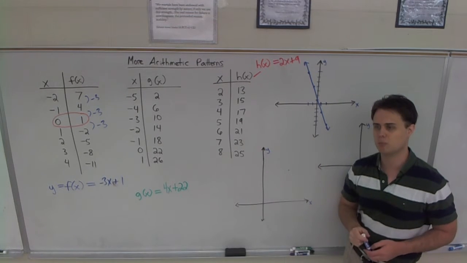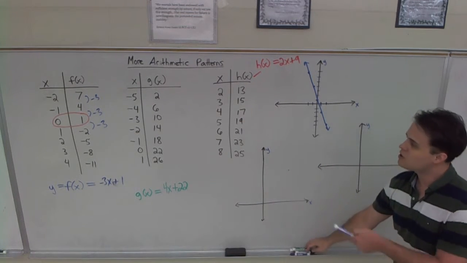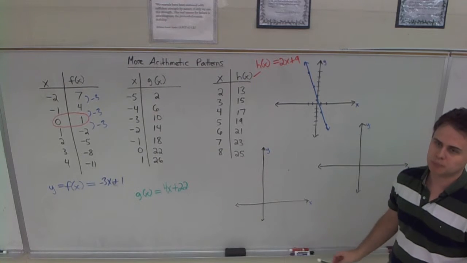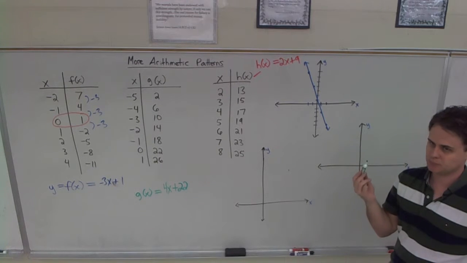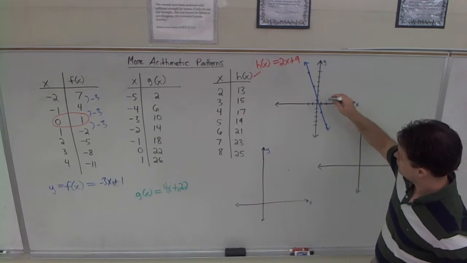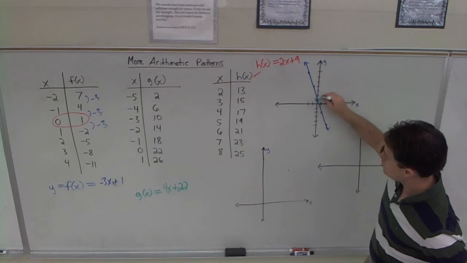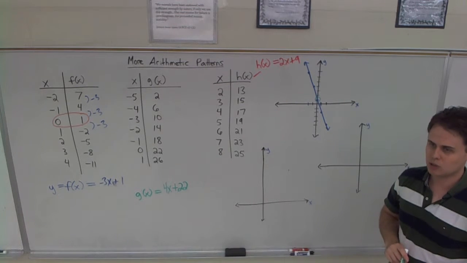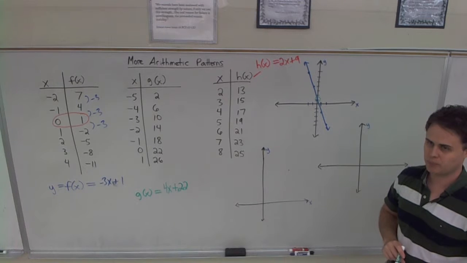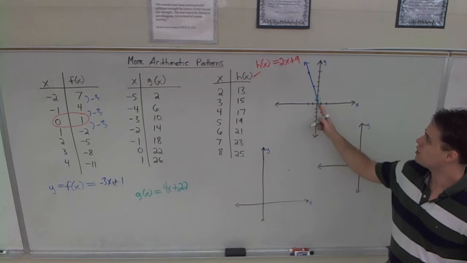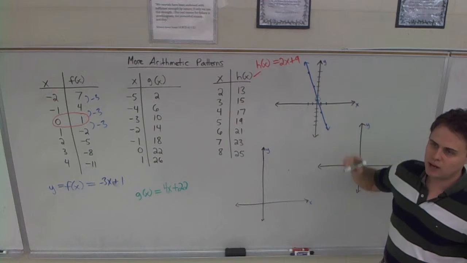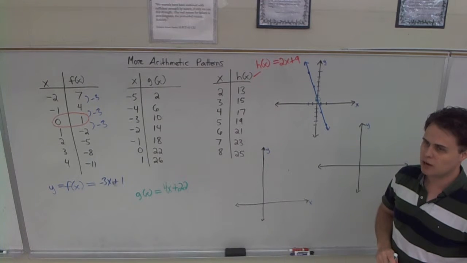That's what we've really been building up to. So where is 1 on that picture? Right there. Yeah, I can see you guys pointing to it. What is that? It's where it crosses the y-axis. In other words, that's the y-intercept.